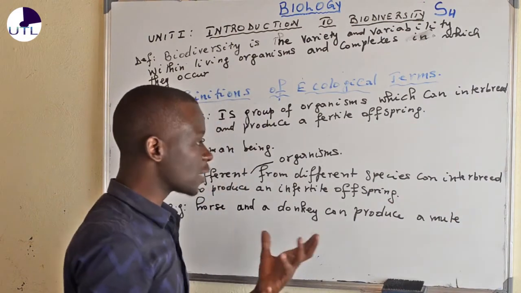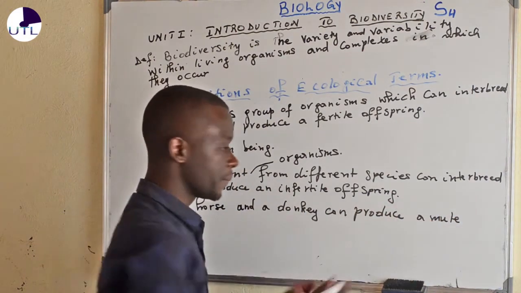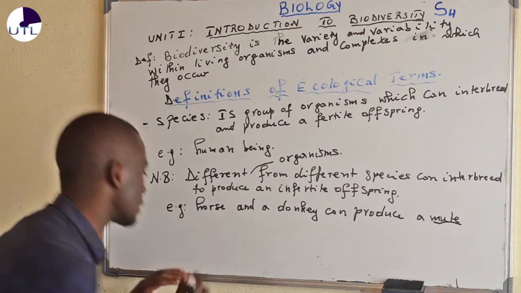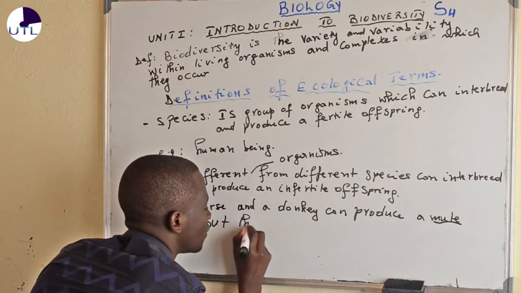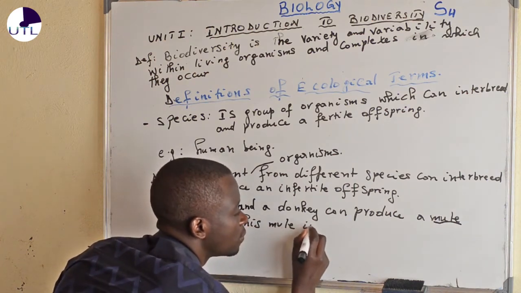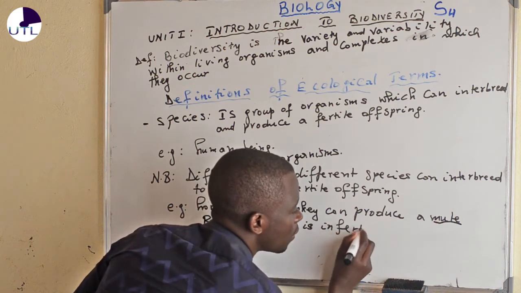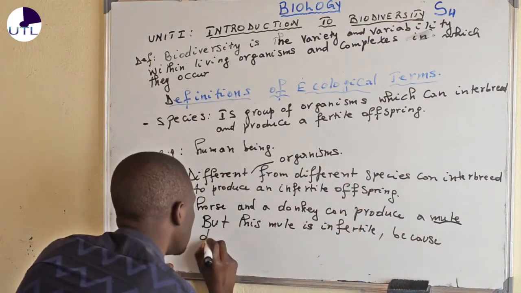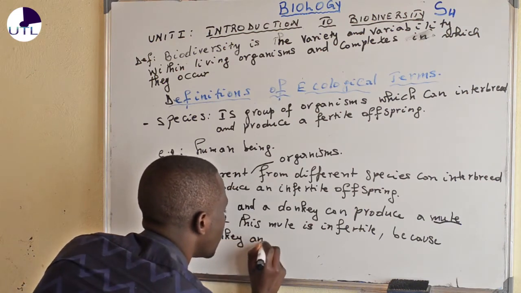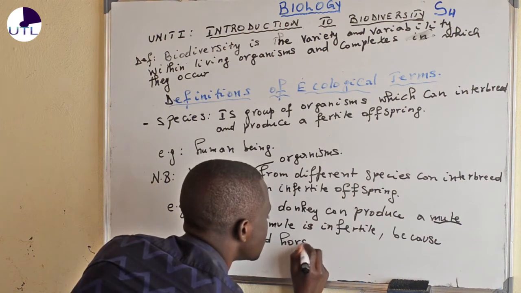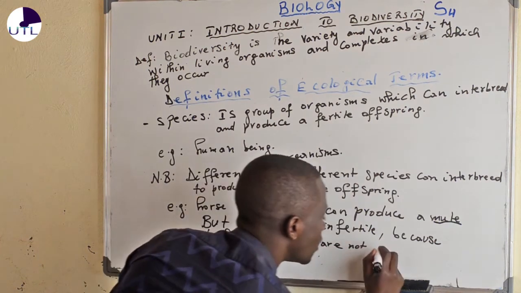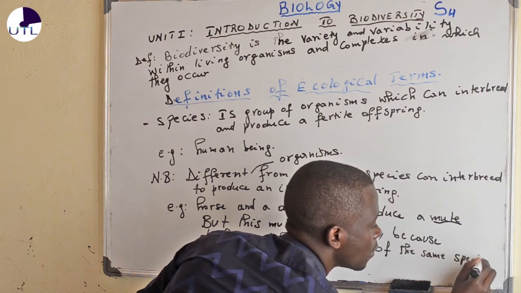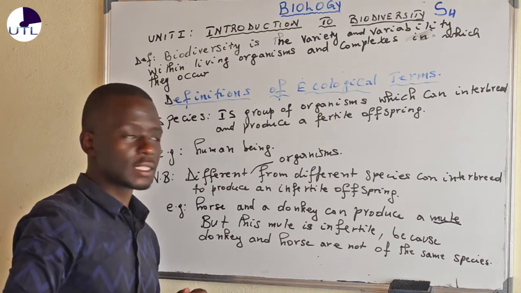The result of their mating is a mule, but this mule is infertile because the donkey and the horse are not of the same species. You can notice here the difference.